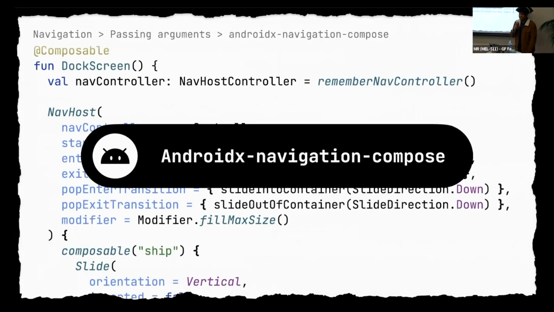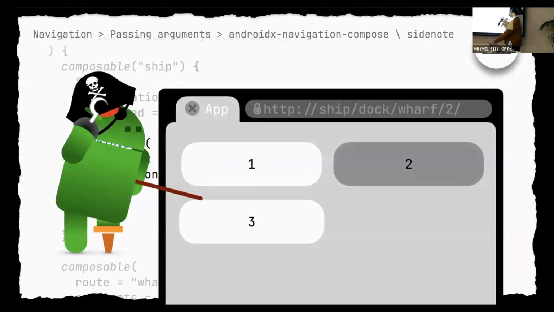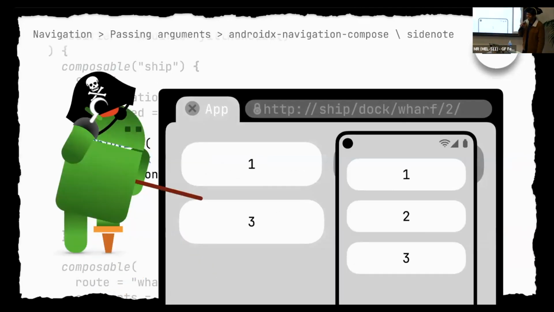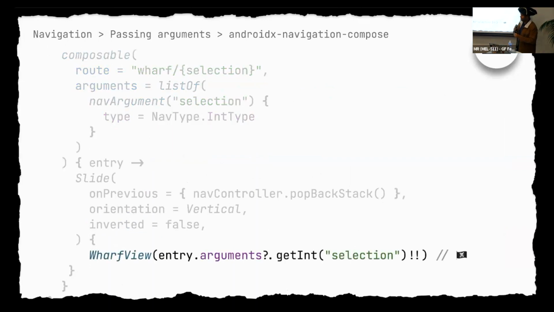Navigating with AndroidX Navigation Compose with arguments is kind of like hell, because you not only need to check for argument types, you also have to create this URL string that kind of looks like a web browser thingy, and it's not. I don't know why we're doing it, because in Android we don't have a URL address on the top, so that's kind of weird. But anyways, we have to check for the URL on the route, and then we also need to manually serialize those values one by one, and then we want to consume that value.